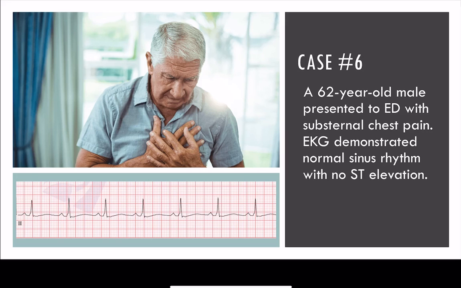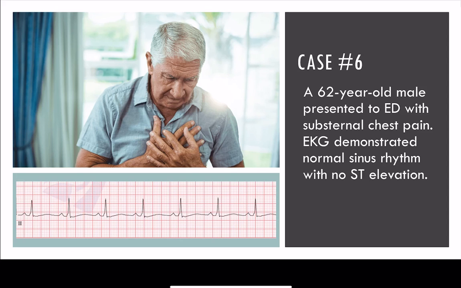So if someone is in normal sinus rhythm, that would tell the person interpreting their EKG that the SA node is controlling the rate of the heart and the rhythm appears normal. And there's no ST elevation. That ST segment is the portion of the EKG that when it gets deviated from the isoelectric line, it can indicate either myocardial ischemia or myocardial damage.